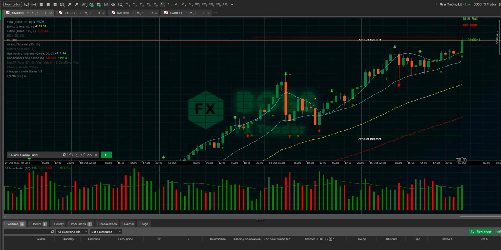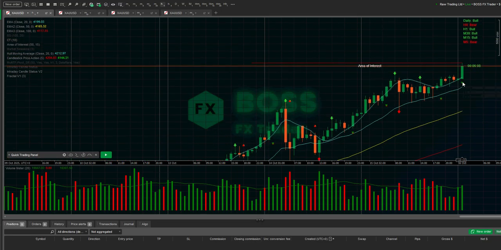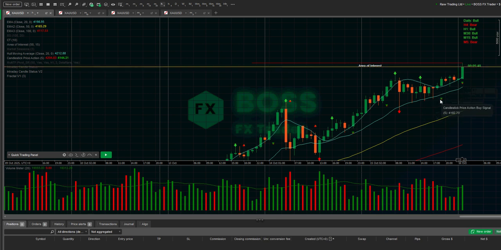So far naman sa ating indicator, ito naman yung candlestick price action. So there's a buy and sell. You're going to see this arrow right there. So there's a buy. As you can see, only buy is showing on this move, and there's no sell.